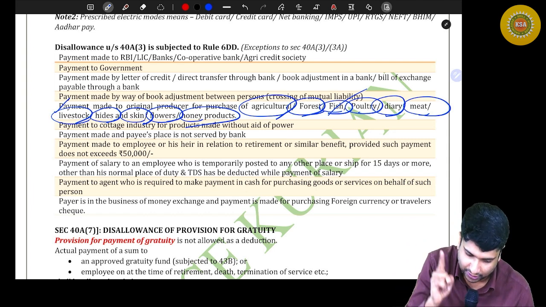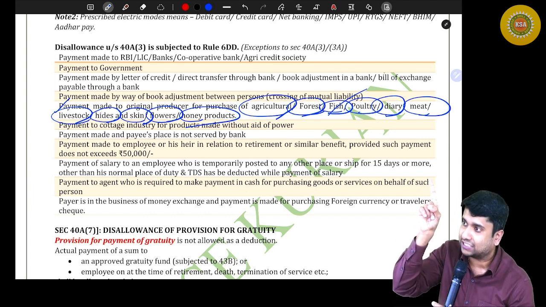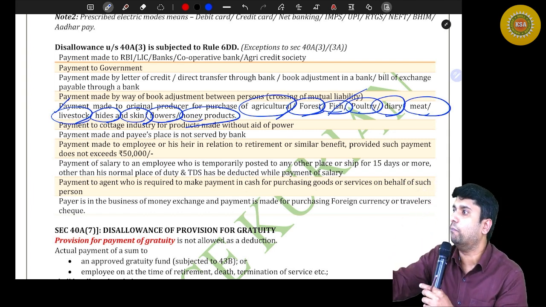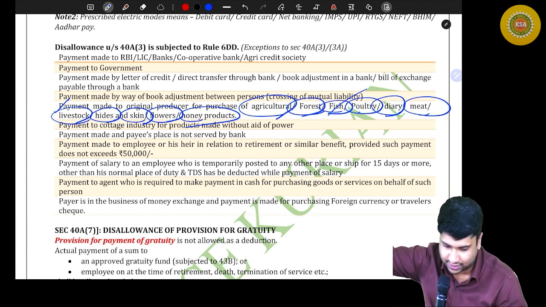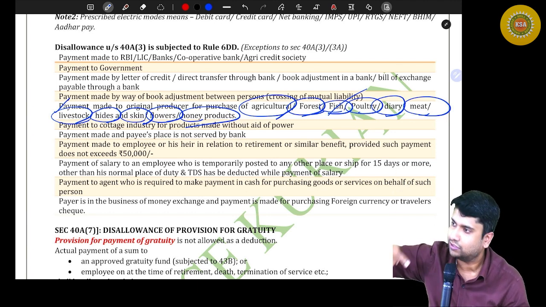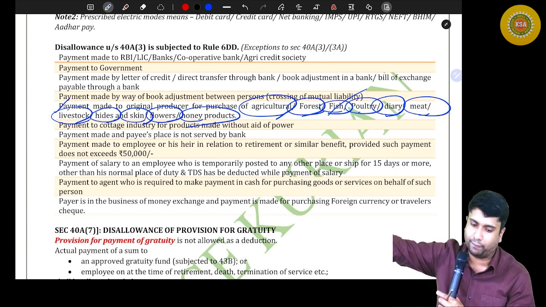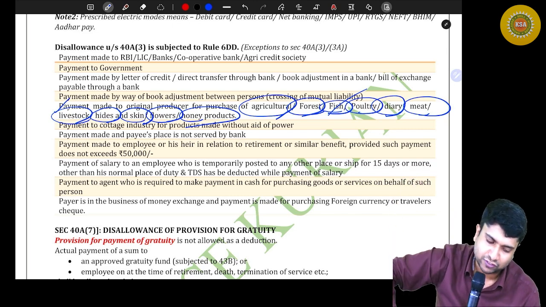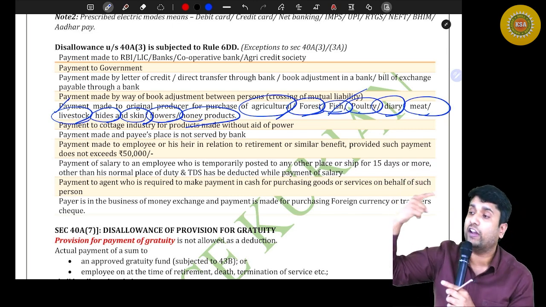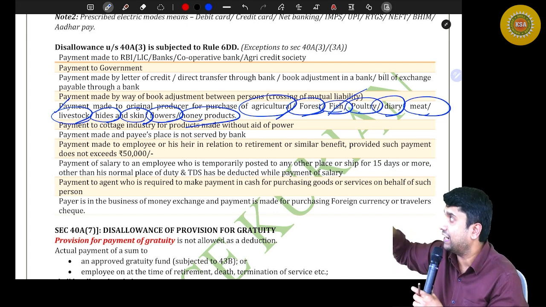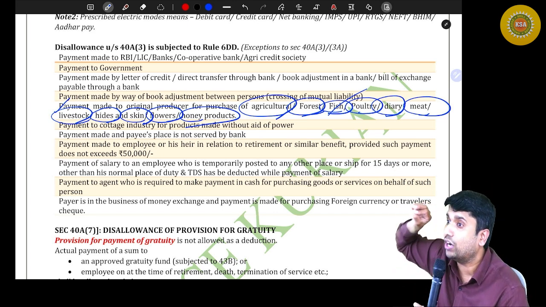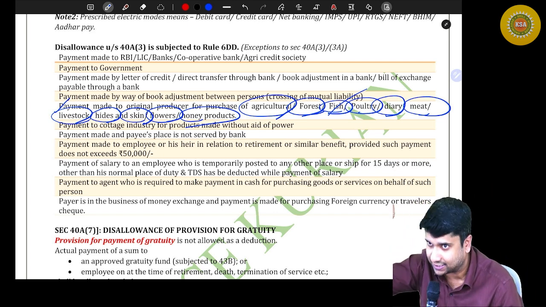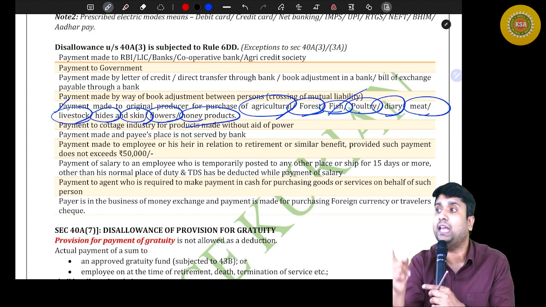Similarly, if you are buying agricultural produce, you can directly give money to the agriculturist. No problem. Like forest produce, directly you can give money to the tribal people. Like fish, poultry, dairy, meat, livestock, hides, skin, flower products, honey products. If you are directly making payment to the original grower, producer, then you can make the payment in any mode.